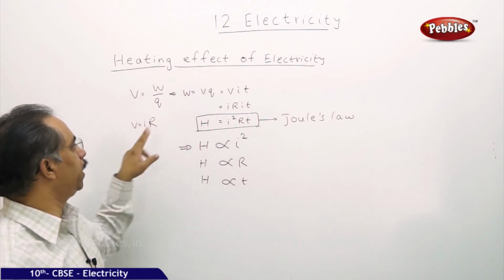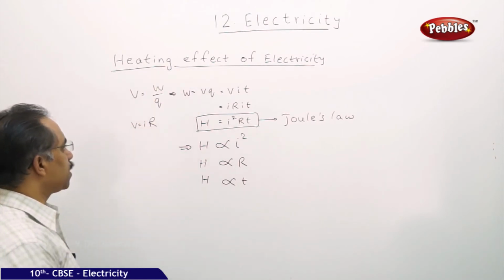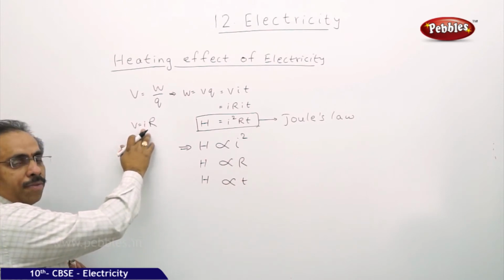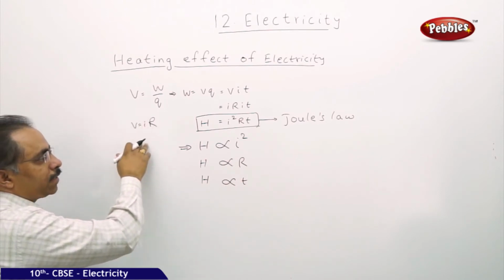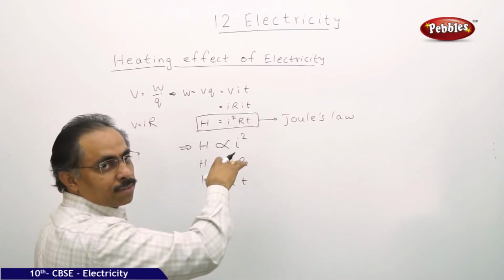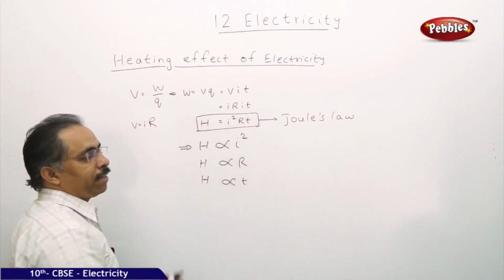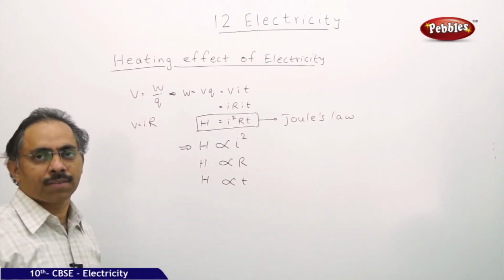When V is much higher, for a given resistance, the I value reduces. When I is very much less, I square is much less, and when I square is much less, the heat generated is very little.